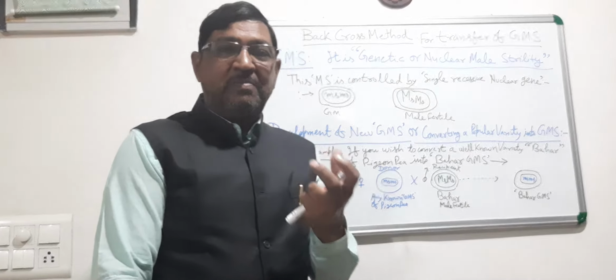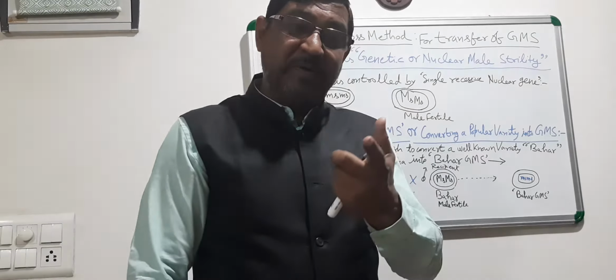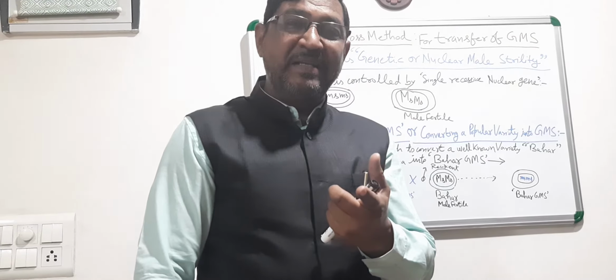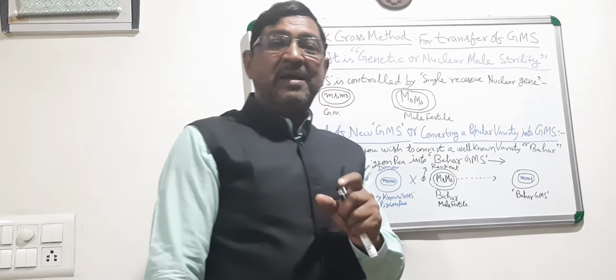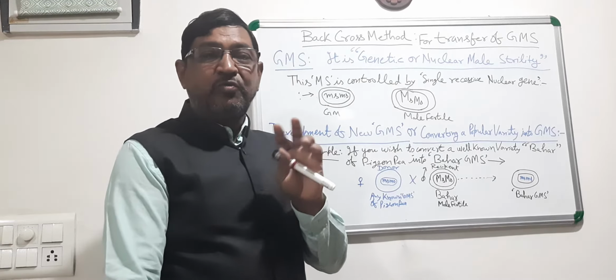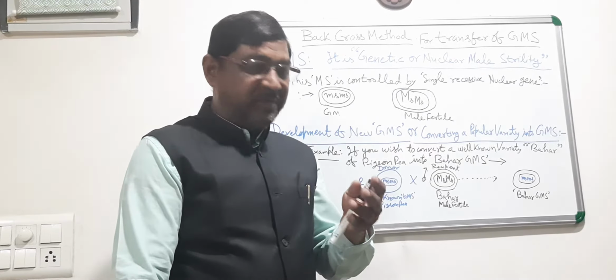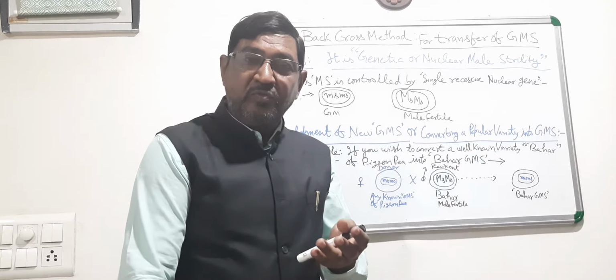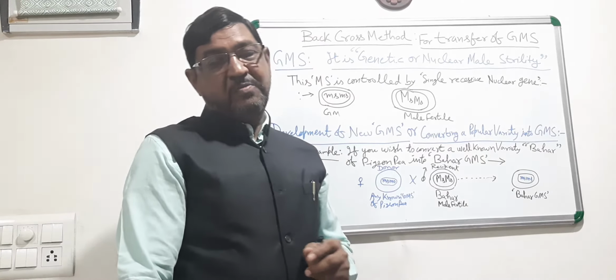So there is a foundation that you cannot take your recipient variety as a female. Why are you taking it as female? Because other than the nuclear gene, you also wish to have the cytoplasm from your own popular variety.